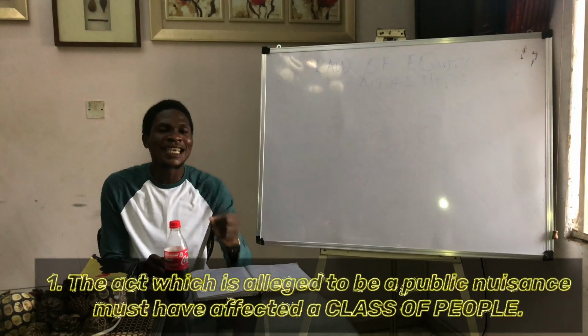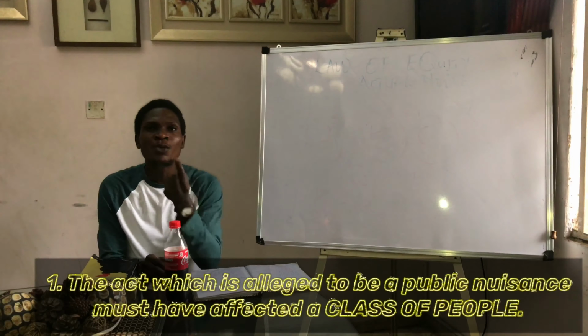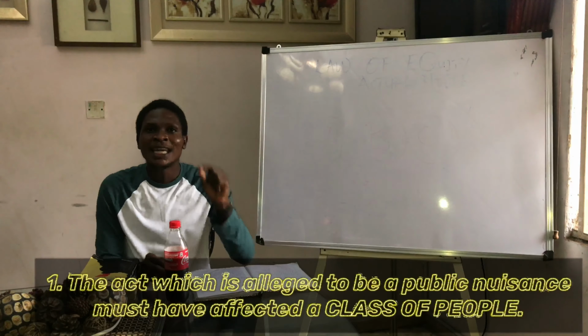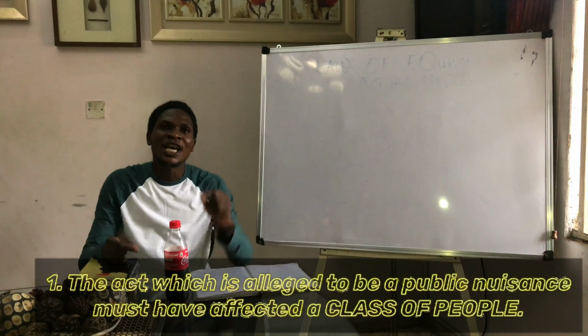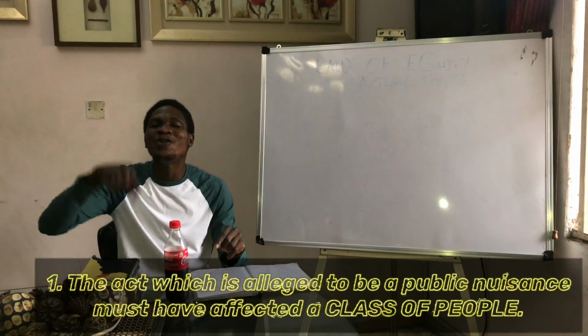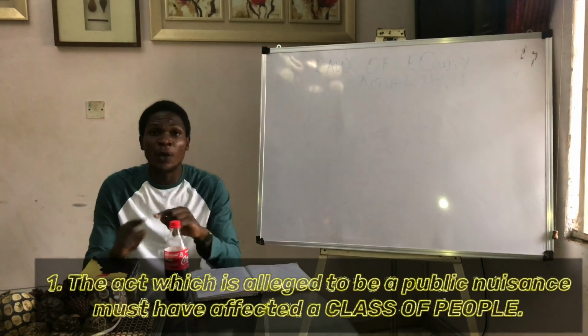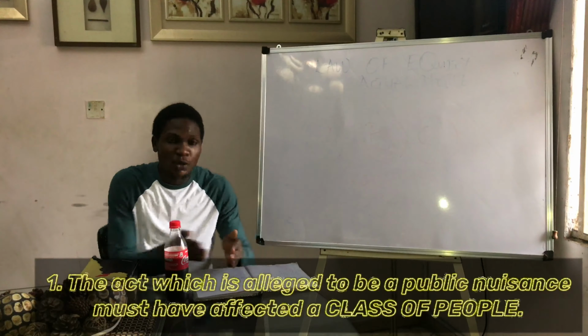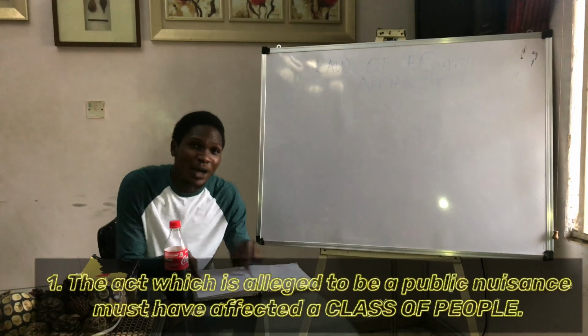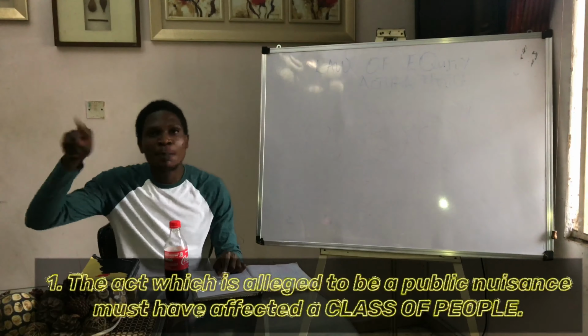Now, if you look at the case of AG versus PYA Quarries, the court held that any conduct, for it to suffice as public nuisance, must be such that it will be unreasonable to expect that one person should bring an action. Do you understand? When a particular conduct affects more than one person, then it is a public nuisance.